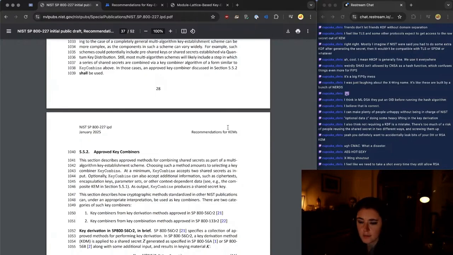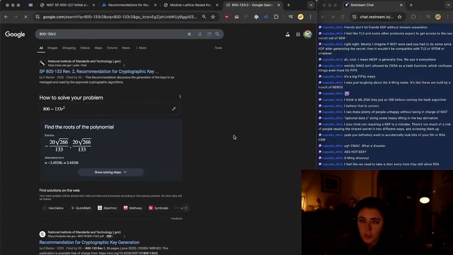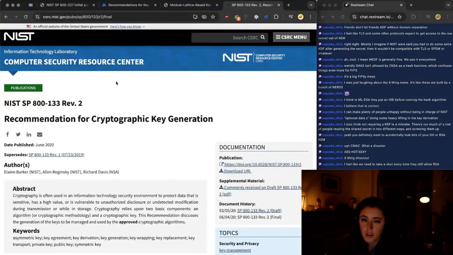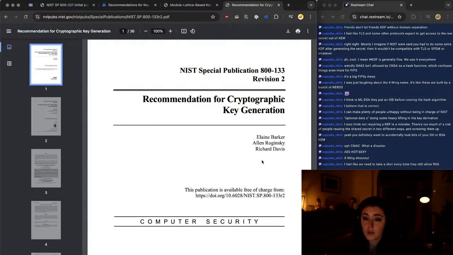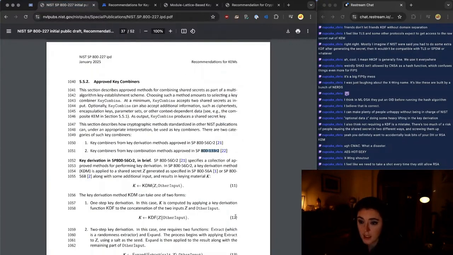In those cases, yeah, okay. Key combiner, some key derivation methods approved in SP 800-56C. Key combiner approved in 133r2. This is interesting because they still aren't mentioning FIPS 202 and FIPS 203, which is ML-KEM, uses a KDF from FIPS 202, which is SHAKE and SHA-3, and they're still not, okay.